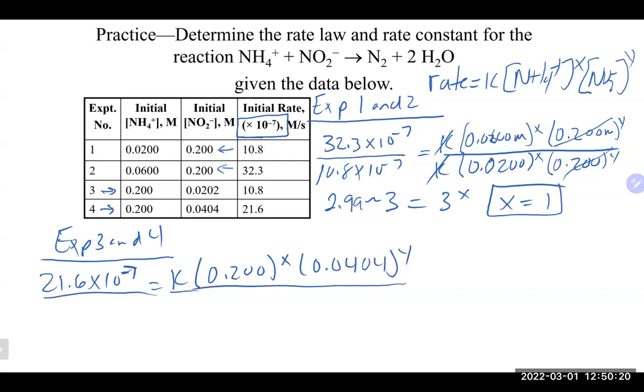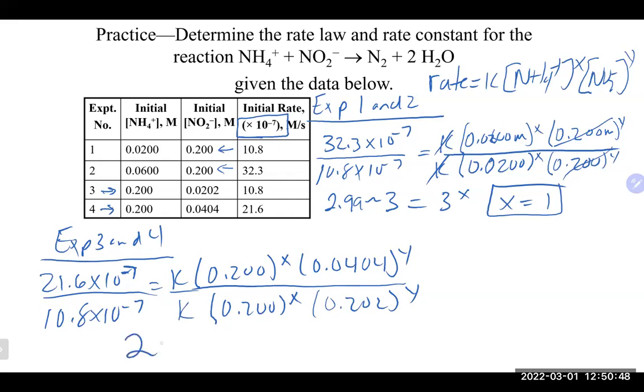Coming across on the bottom, we will go with 10.8 times 10 to the minus 7, our k, and 0.2 to the x, 0.02 to the y. Again, maybe not the perfect whole number, but maybe we'll be okay. 21.6 to the minus 7 divided by 10.8 to the minus 7 is going to give us actually a 2, so we're good.